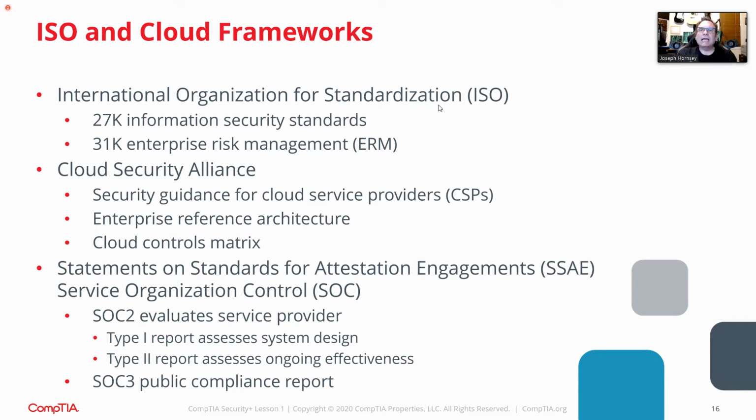The current specification is SSAE number 18. This goes through and identifies the different types of controls that a service provider needs to have in place.